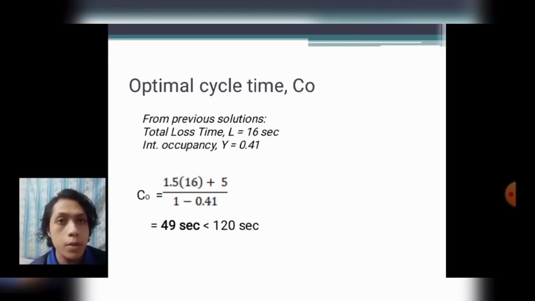By using the formula, optimal cycle time equals 1.5 times L, 16 seconds, plus 5, divided by 1 minus Y, which is 0.41, and we will get 49 seconds, which is less than 120 seconds, and it is practical.